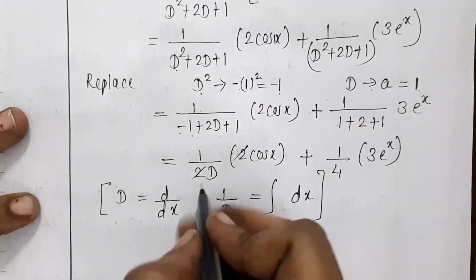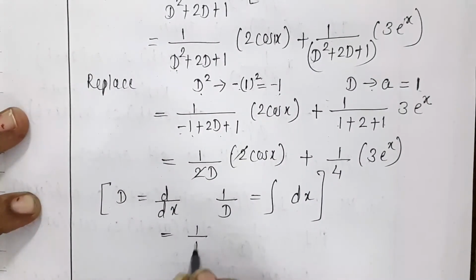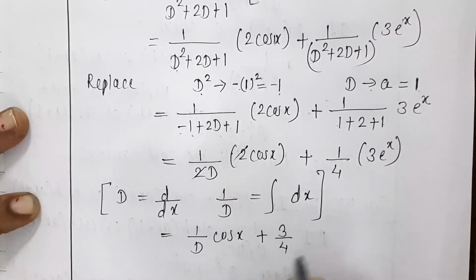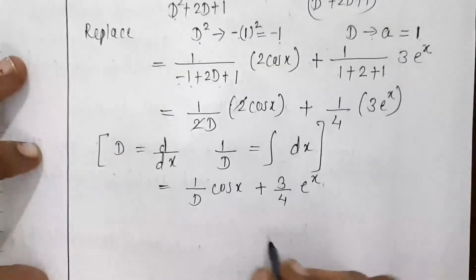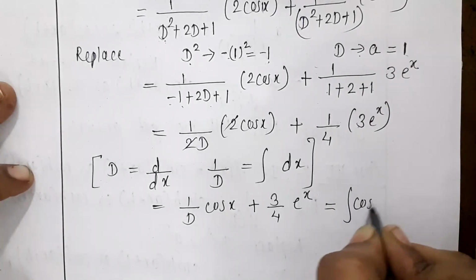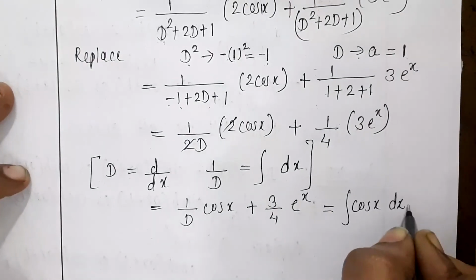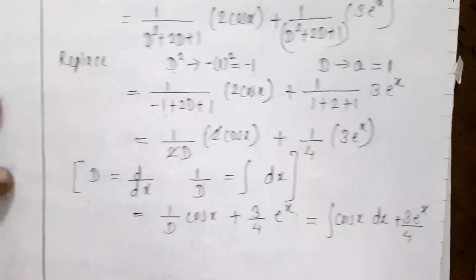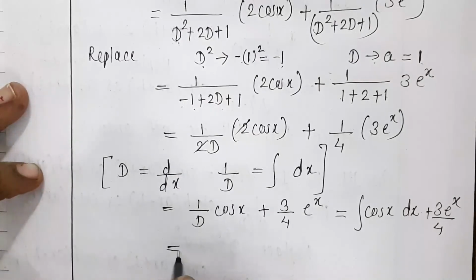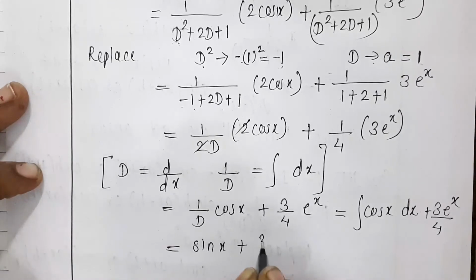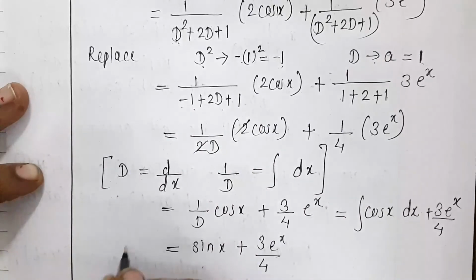So the remaining term is 1 upon D of cos x plus 3 by 4 of e to the power x. Now what is 1 by D of cos x? It is equal to the integration of cos x dx plus 3 e to the power x upon 4. So the integration of cos x is sin x plus 3 e to the power x upon 4. This is PI.